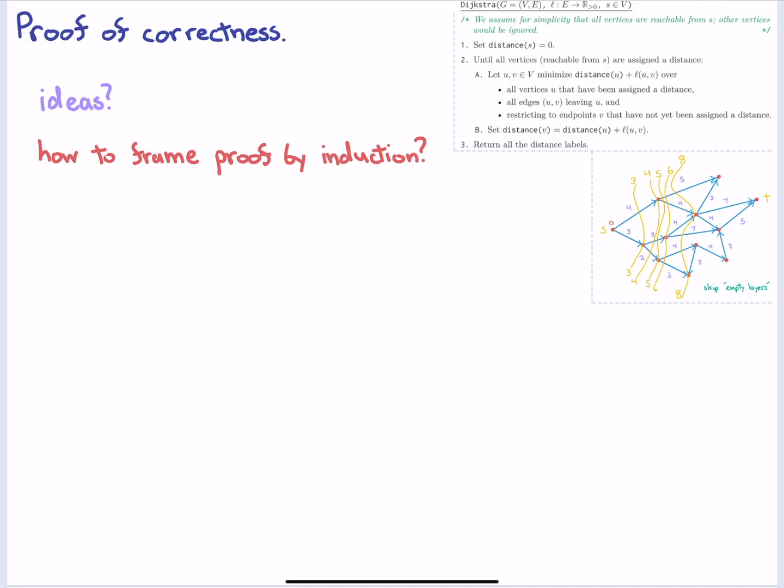One thing to keep in mind is that although in the pictures before, when we developed ideas, I was thinking about integer weights, I now want to prove this for any positive weights. So it's not an easy question.